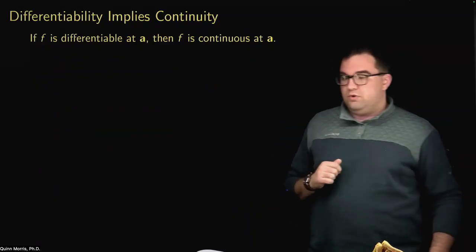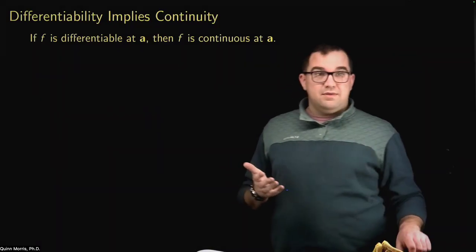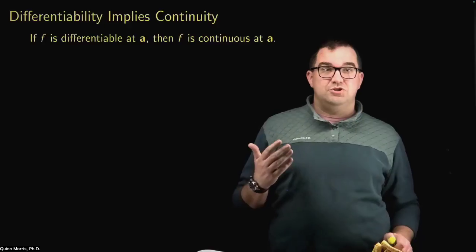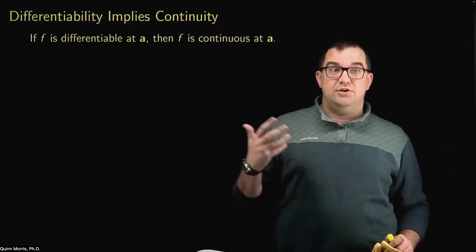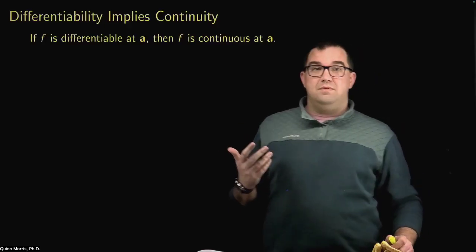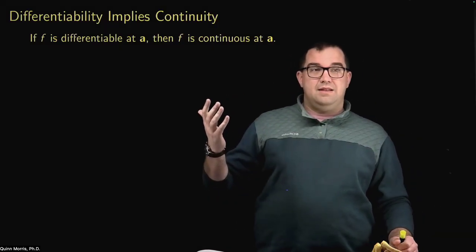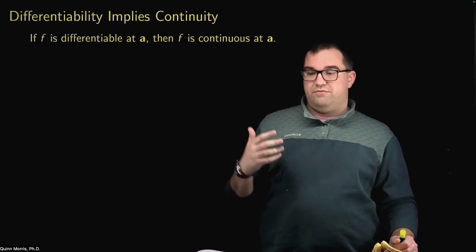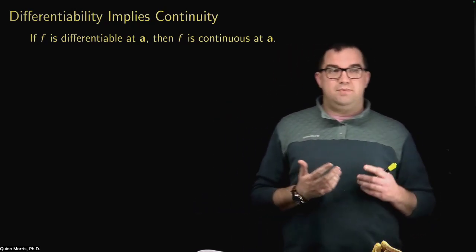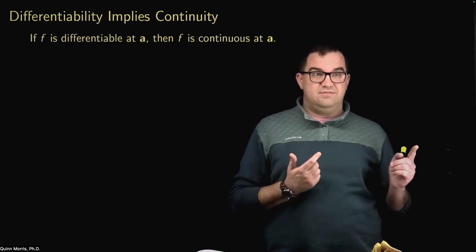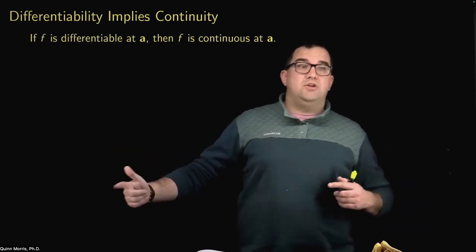All right, so the whole point of some of this was we really wanted differentiability to imply continuity. We saw in the previous video that we couldn't have our notion of differentiability just be that all the directional derivatives exist and expect continuity to follow.